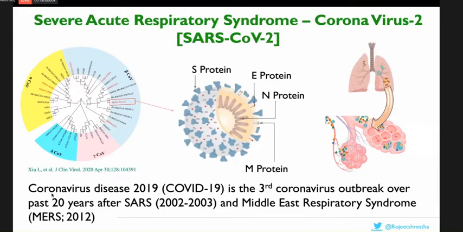I would also like to briefly mention that COVID-19 is the third coronavirus outbreak that we have observed in the last 20 years, after the human coronaviruses MERS-CoV, which caused Middle East respiratory syndrome, and SARS-CoV, which caused SARS. They caused more severe respiratory illness with a higher rate of morbidity and mortality.